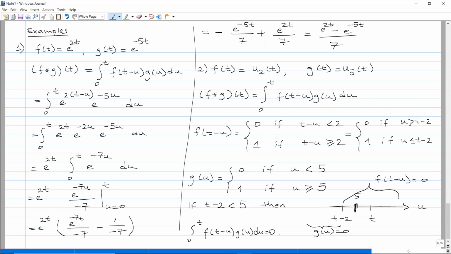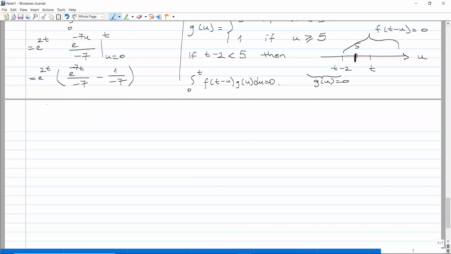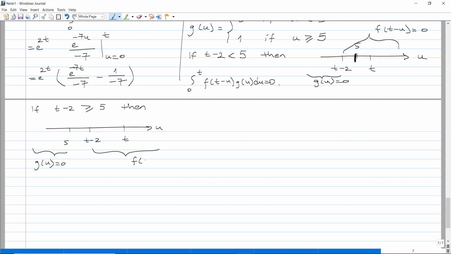Now, in the other case, if t minus 2 is greater than or equal to 5, then here is t, this is the u-axis, t minus 2, and somewhere here is 5. Up to 5, g of u is 0, and after t minus 2, f is 0.